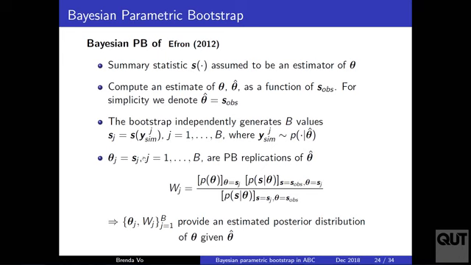Then, because we can calculate the theta j, we calculate the weighting wj. The weighted samples, theta j's and wj's, provide an estimate of the posterior distribution of theta given theta hat. However, the problem here is that you need to be able to calculate this.